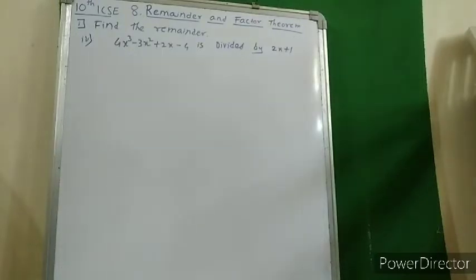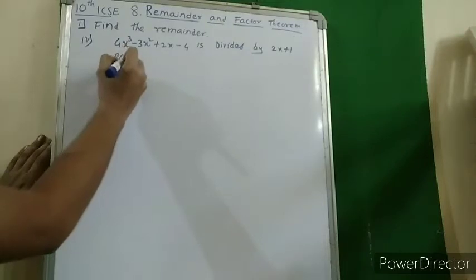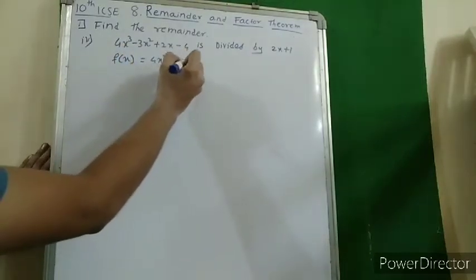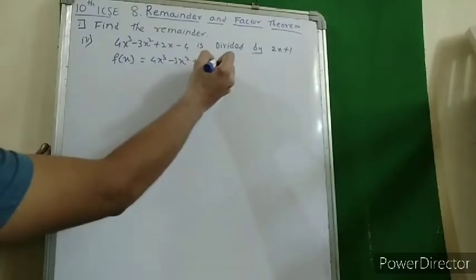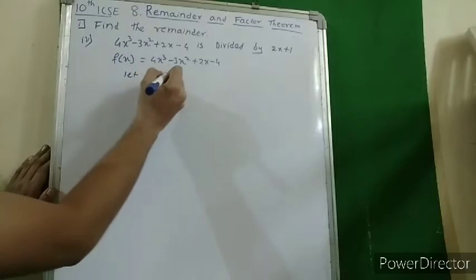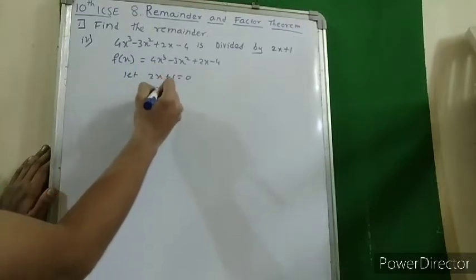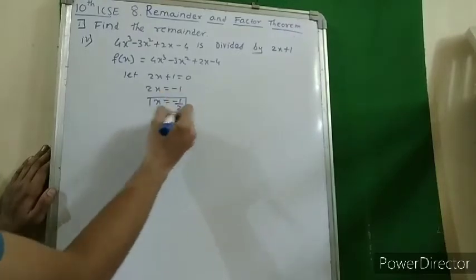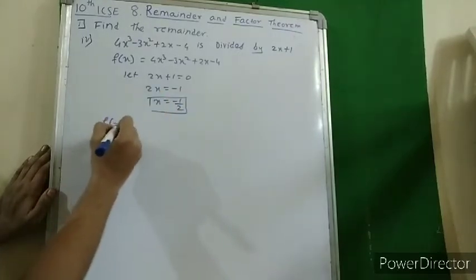Now the fourth question, we have the polynomial or function of x as 4x cube minus 3x square plus 2x minus 4, divided by 2x plus 1. So let 2x plus 1 be equal to 0, 2x is equal to minus 1, x is equal to minus 1 upon 2. So we have function of minus 1 upon 2.